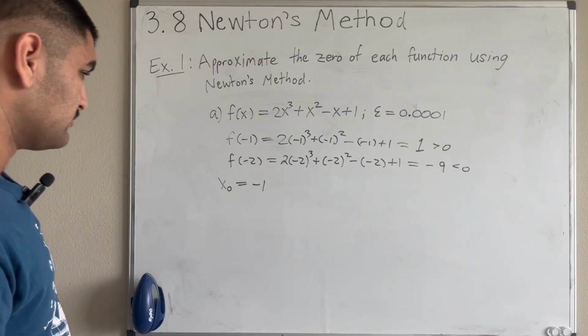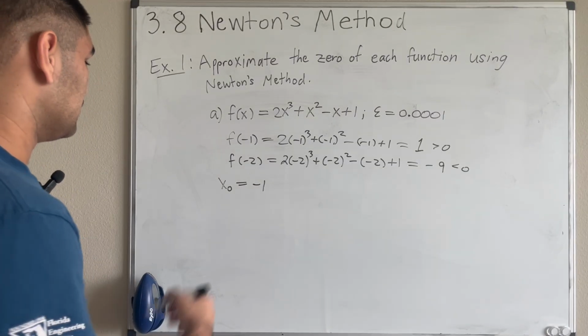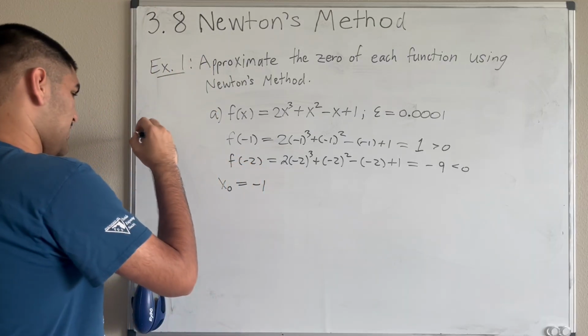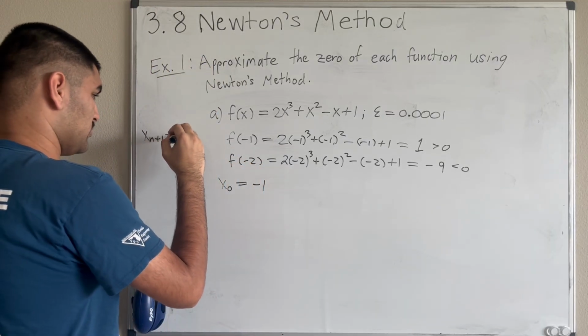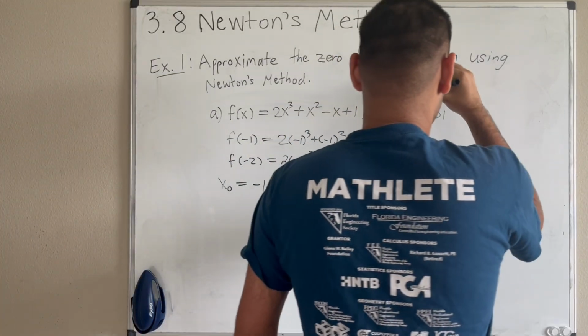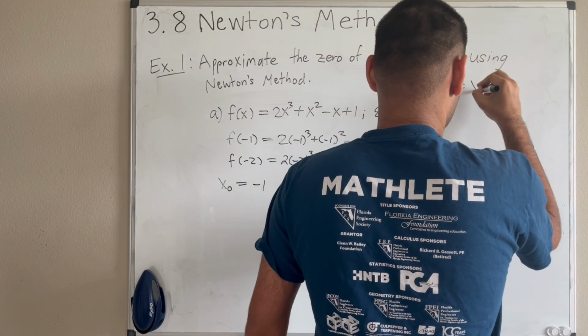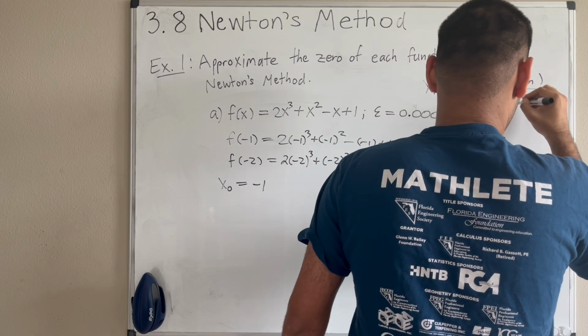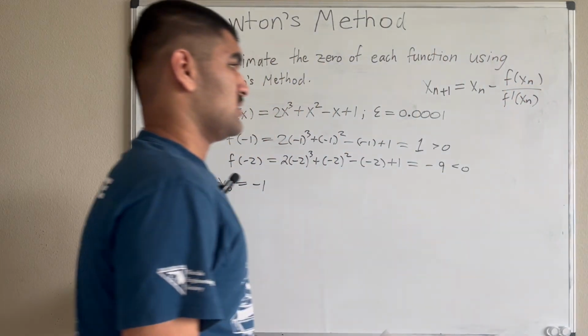All right, good. So now let's recall Newton's method formula. We have x_{n+1} equals x_n minus f of x_n over f prime of x_n. Okay, so that's our formula.